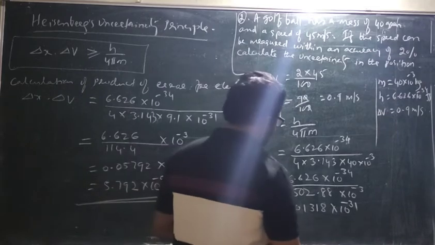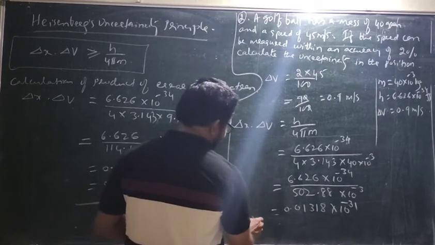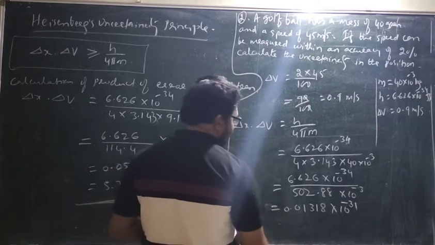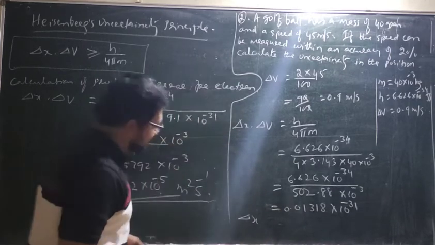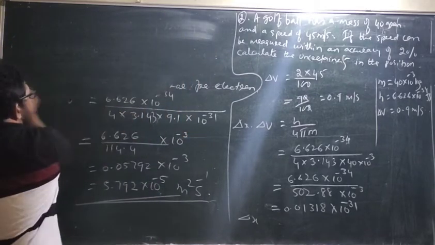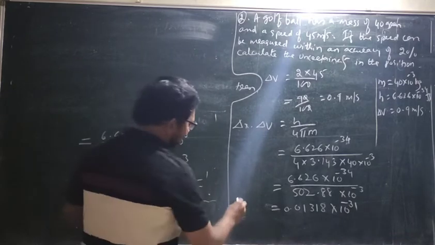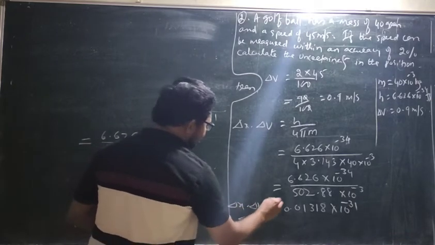Error in velocity we are not divided, is it not? So delta x is equal to, I'll take it here. This is the product of error, delta x, delta v.